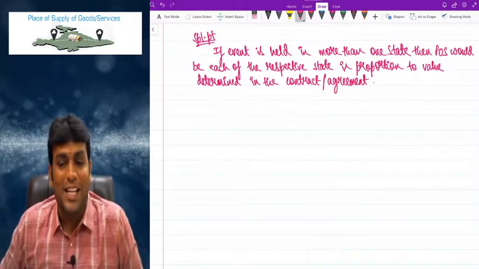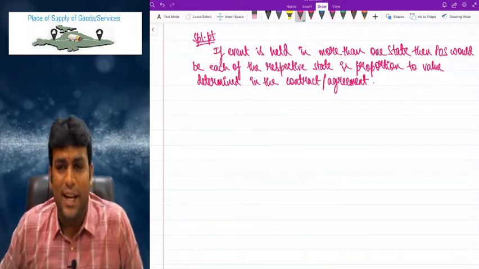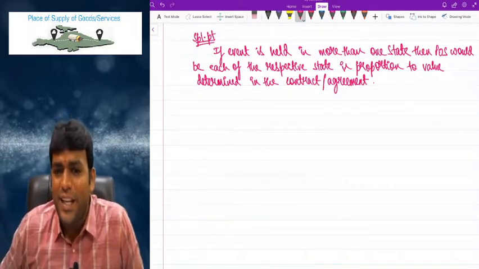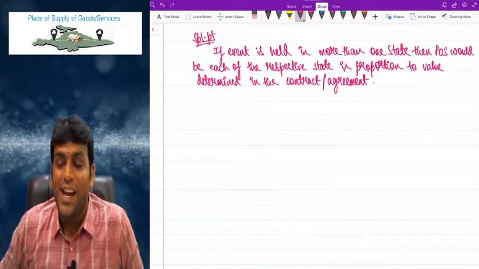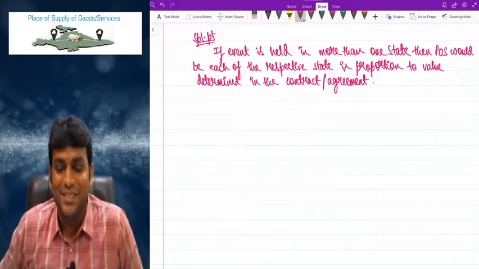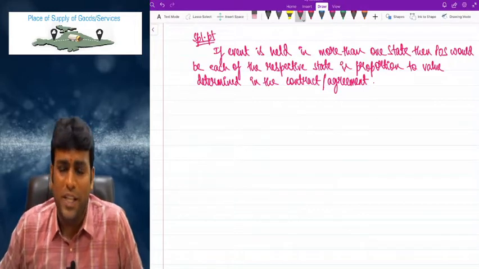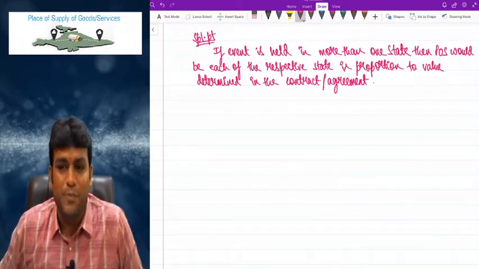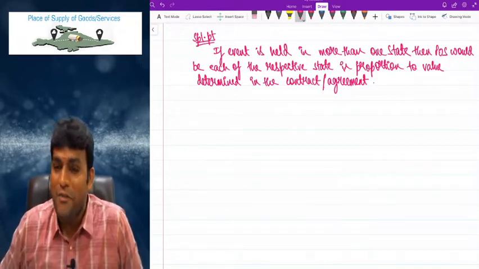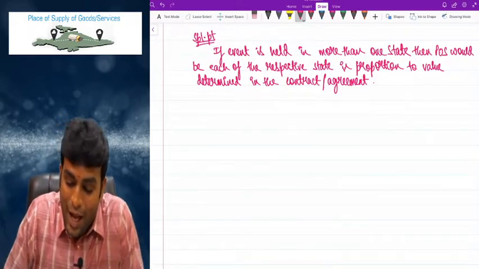Clear, friends? What is the language we wrote, sir? If the event is held in more than one state, then POS would be each of the respective states in proportion to the value determined in the contract or agreement.